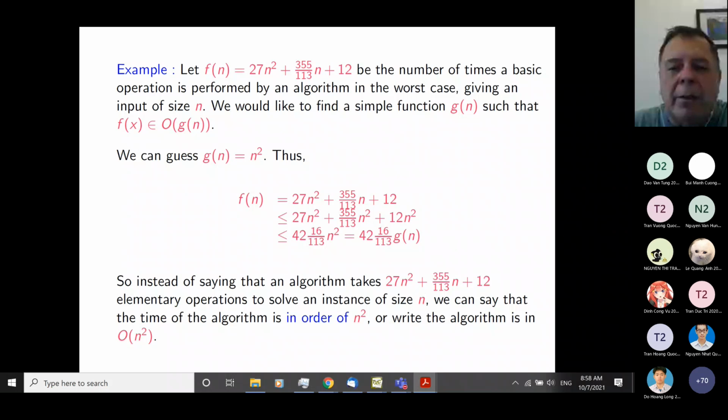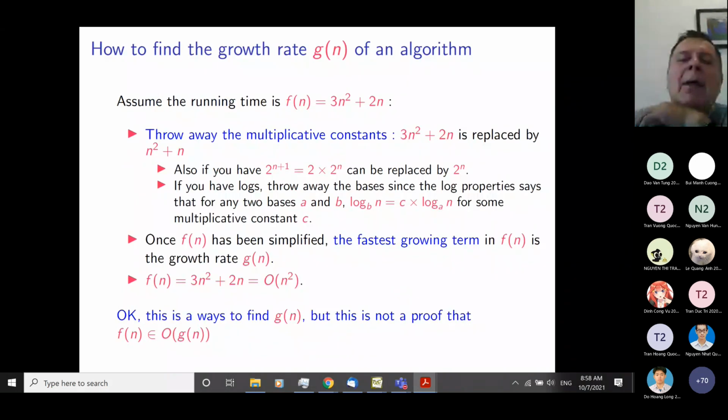Now we are going to look at one more technique to prove that we have found a bounding function, and also describe other situations that may occur, other types of expressions that describe the running time when we try to measure the number of times the basic operation is executed.